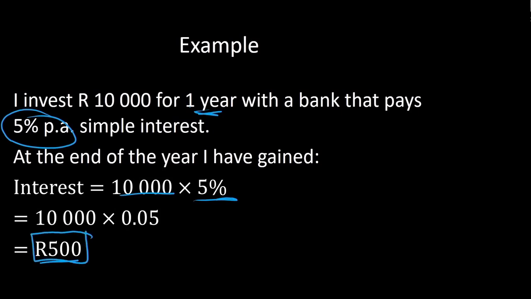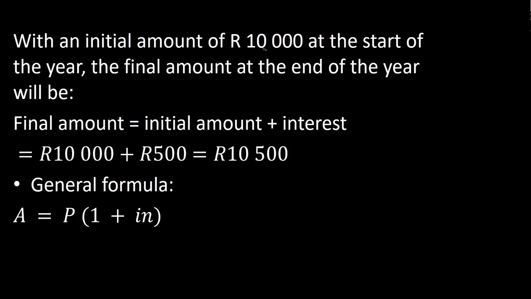Okay, so that means that after an initial investment of 10,000 Rand at the start of the year, I'm going to end up with a final amount of 10,500 Rand. So my final amount is my initial amount, which was 10,000, plus the interest which I received, which was 500, and that gives me an amount of 10,500 Rand.